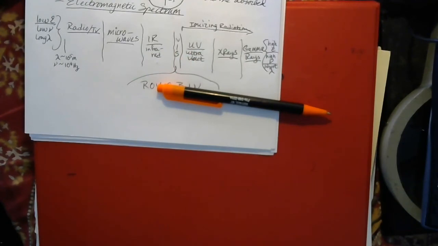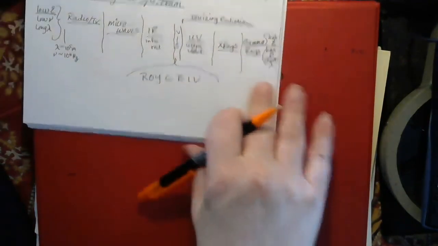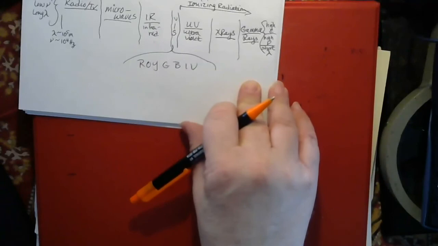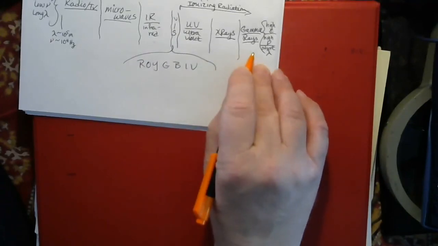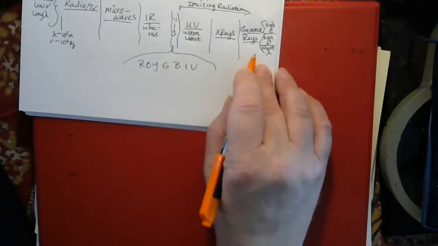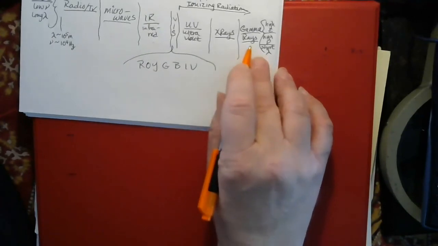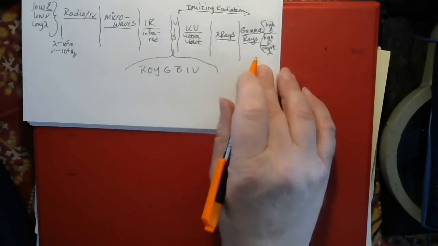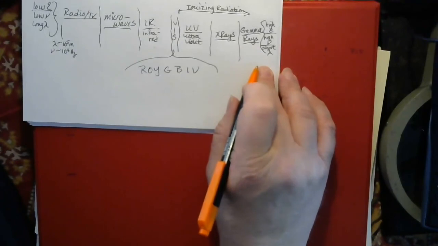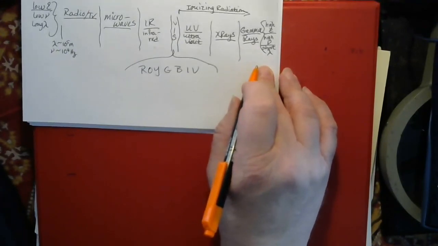And that's a really good thing, because gamma rays are extremely dangerous. About the only source of gamma rays here on Earth would be nuclear radiation. Things like maybe uranium or plutonium give off gamma rays. They are extremely dangerous. Even a small dose of gamma rays can kill you.